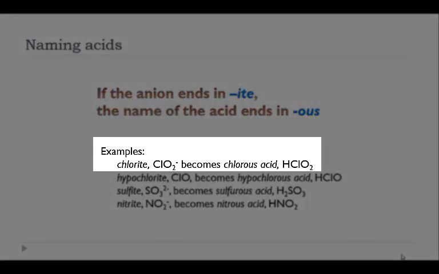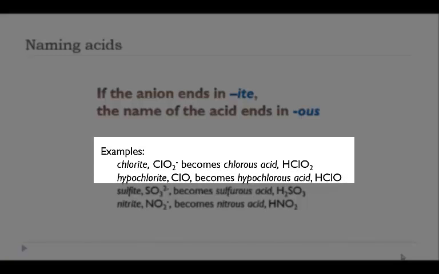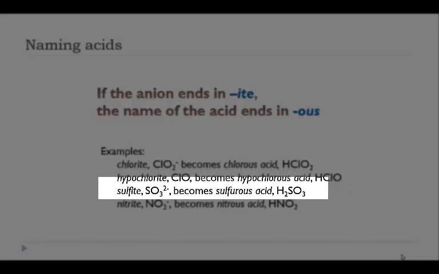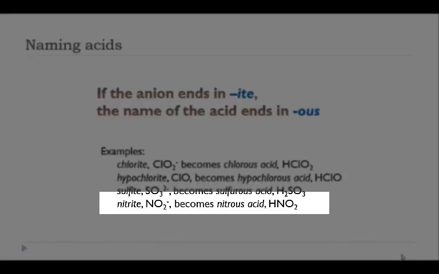So chlorite, ClO2-, becomes chlorous acid. Hypochlorite, ClO-, becomes hypochlorous acid. Sulfite, SO3 2-, becomes sulfurous acid, and nitrite, NO2-, becomes nitrous acid.